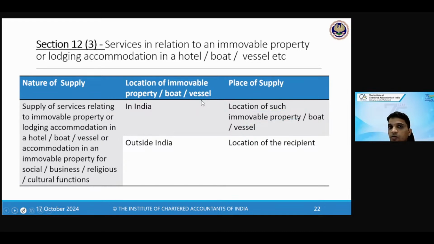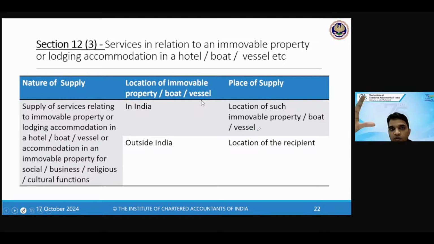So where this immovable property is located, that is the place of supply. And apart from immovable property, if there is any lodging, any stay in a hotel, it could be a hotel, a boat, a vessel, or anything where you are going and staying, then the place of supply will again be where that hotel is located, where that boat is situated, and where that vessel is located.